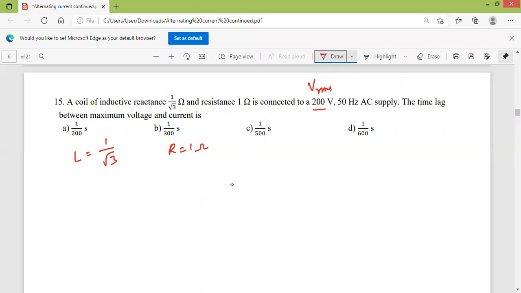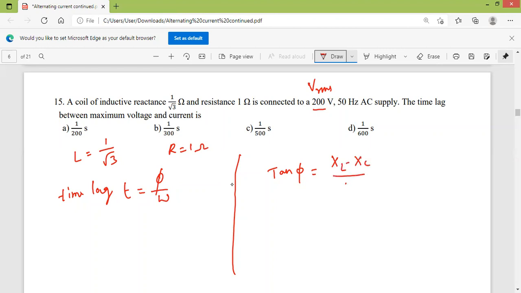So for time lag, the formula is time lag T is equal to phi by omega. To calculate that, first take tan phi, which is equal to XL minus XC divided by R. Here they have mentioned only inductive reactance and resistance, so it is an LR circuit.